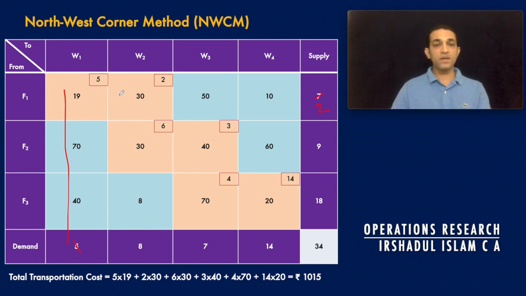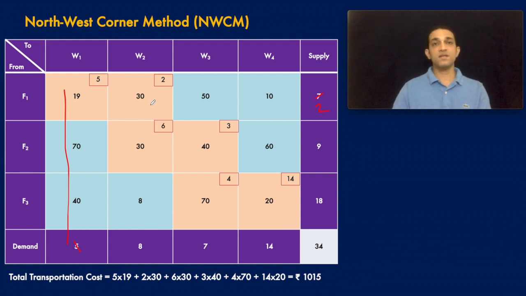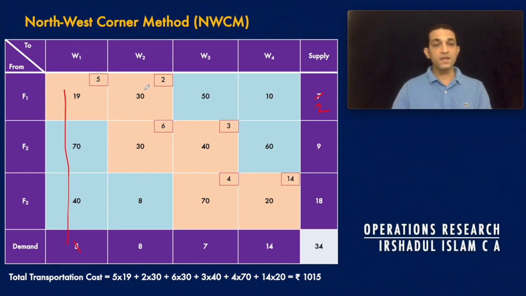Now we have the remaining portion like this. So focus here also on the northwest corner. So the first cell will be there. Here the factory will be able to supply 2 units. At the same time the warehouse requires 8 units. So we can supply a maximum of 2.